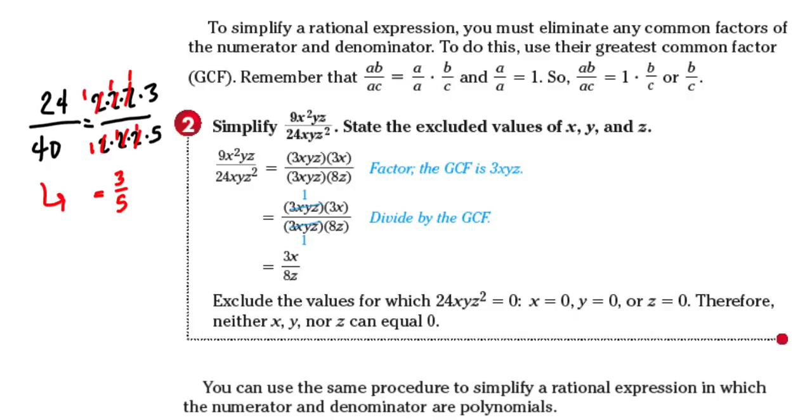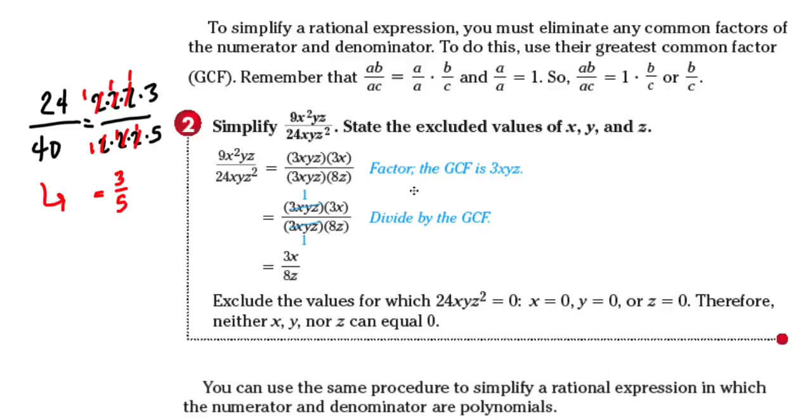Let's take a look at example number 2 now. When you have 9x squared yz all over 24xyz squared, we get the factors of 9x squared, which is 3 times 3, the prime factorization of 9, and then we simply expand x squared yz. Okay, and the same thing with 24.